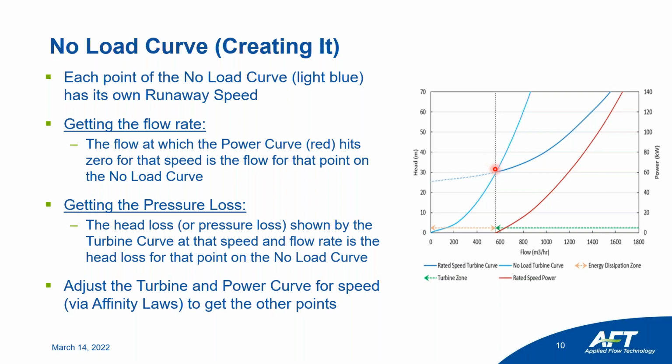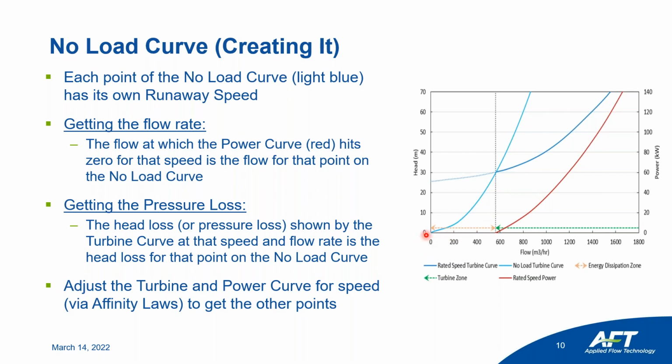So that's how you get 1 point. Then all you do is adjust the speed to get a new turbine curve and power curve according to the affinity laws. And then you repeat that process to get a second point. And you adjust the speed again and do that again for a third point, etc., until you have a fleshed out no-load curve.